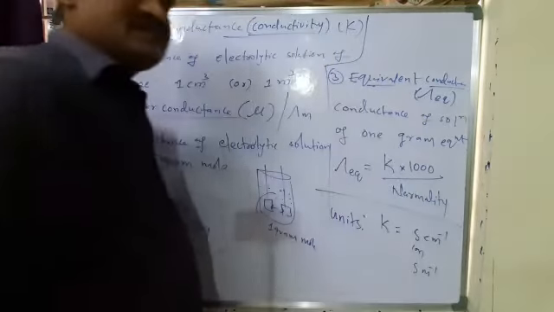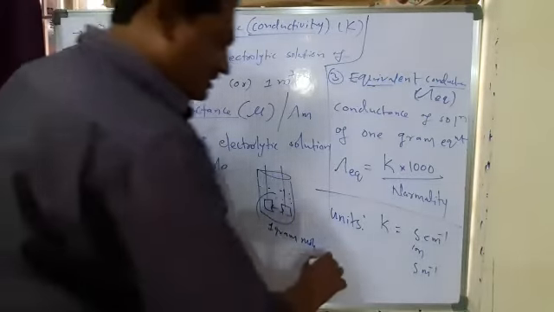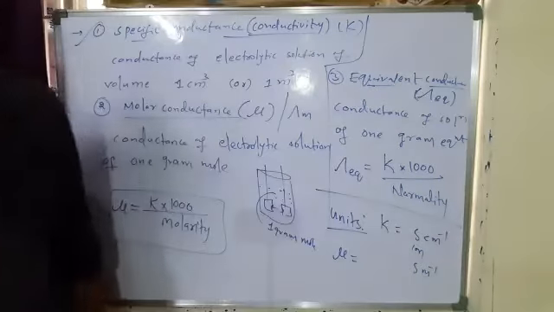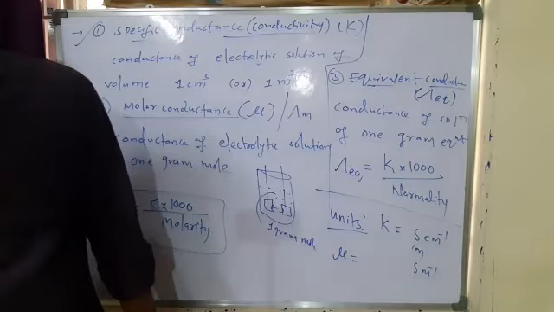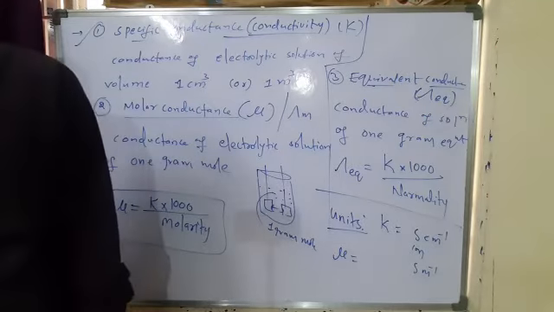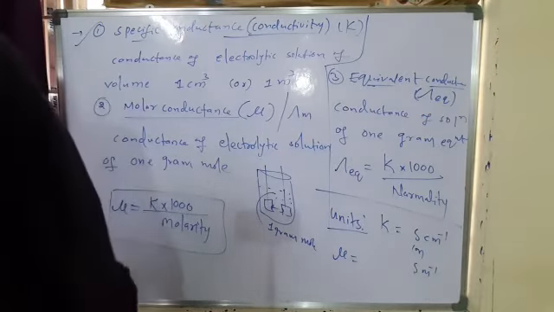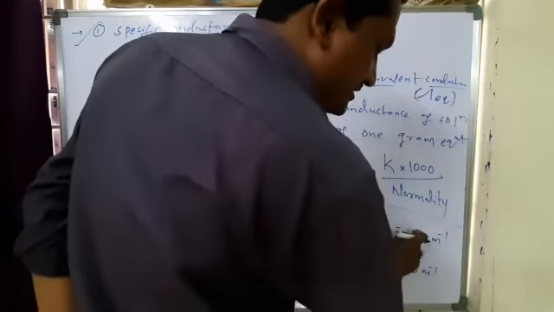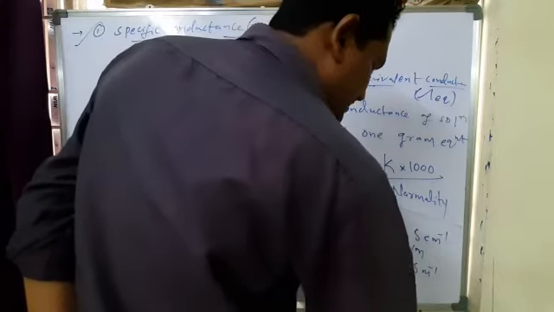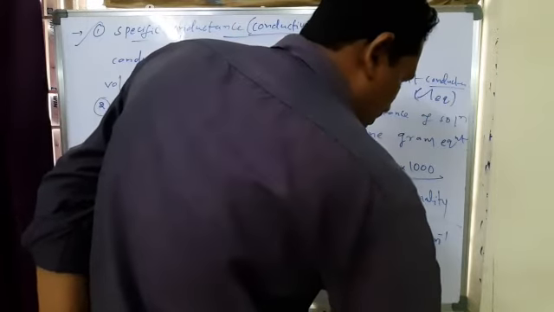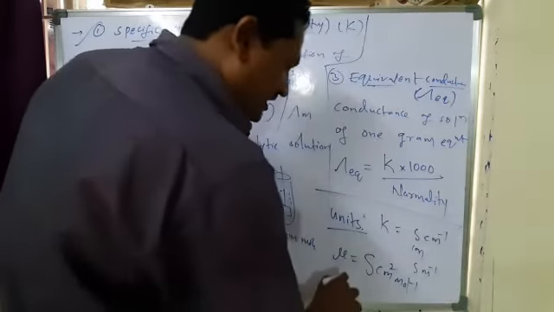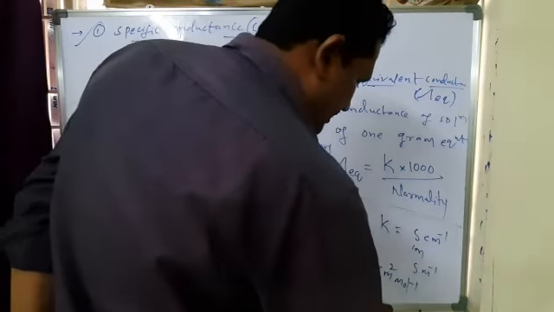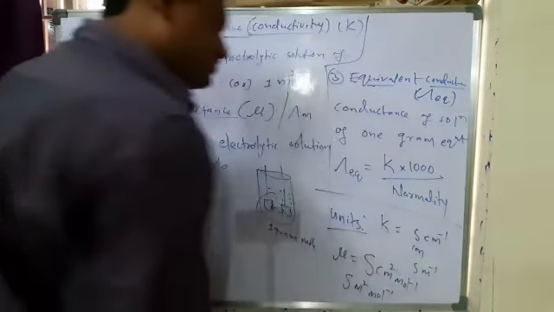For molar conductance the units are Siemens centimeter square mole inverse, or in SI units Siemens meter square mole inverse.